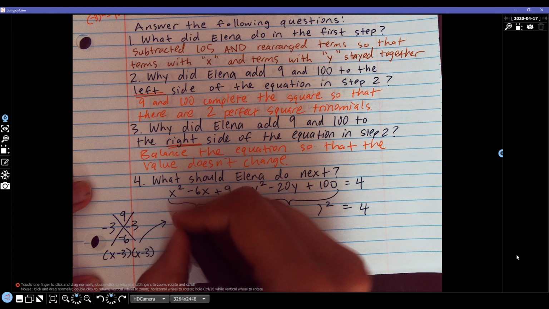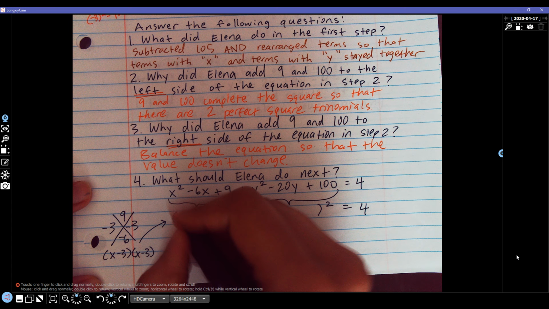All right, so let's look at the first one over here. We've got x squared minus 6x plus 9. So I'm going to be using the box method again, just to give you all a visual. So in this one, put 9 on the top and then negative 6 on the bottom. We need to come up with two numbers that multiply to 9 and add up to negative 6.